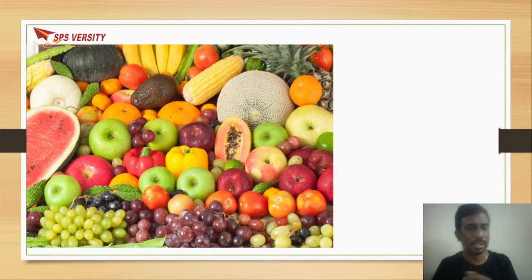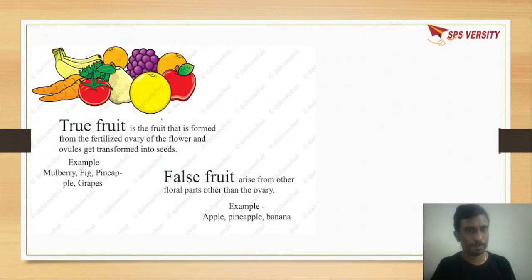Okay. So here you can see many fruits. In fruits there are true fruit and false fruit. What is meant by true fruit? Only the ovary develops into fruit, no other part. But false fruit means along with the ovary, other floral parts develop into fruit.